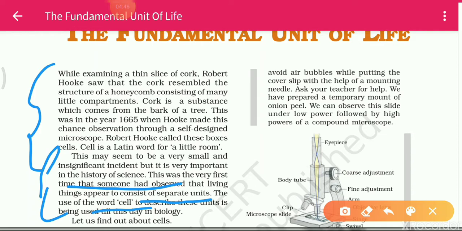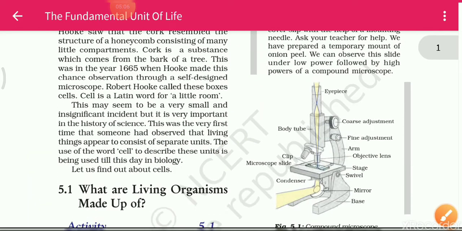So in this paragraph they discuss the discovery of cells in the year 1665. The meaning of cell is given here, little room, and the discovery of cells was very important in the history of science. Let's move to another paragraph.